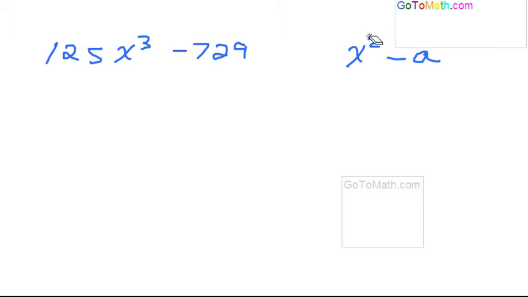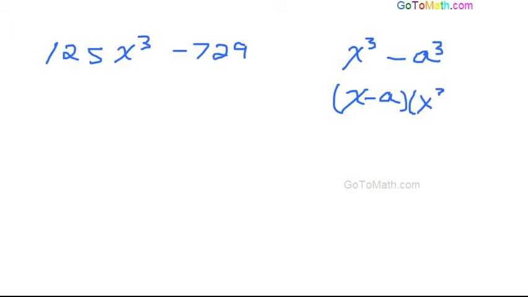So now remember, this is x minus a times x squared plus ax and then plus a squared. Alright, but we got something different here.